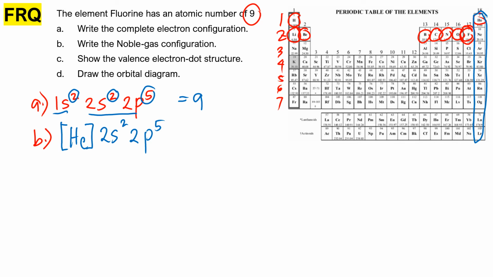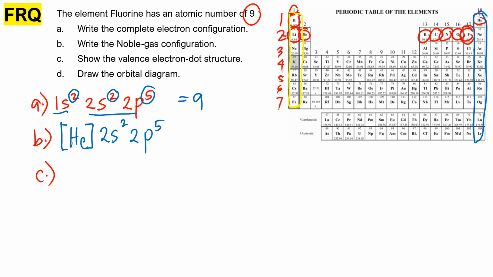Now, how to deal with letter C? For letter C, it's very easy. You just simply follow the groups. The group number tells you the number of valence electrons, which can be shown using the Lewis dot structure. So this is group number 1, which has 1 valence electron.